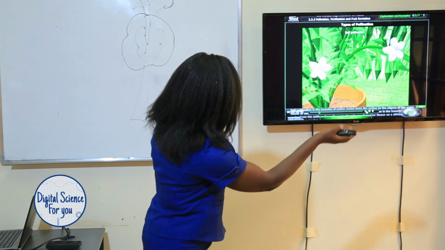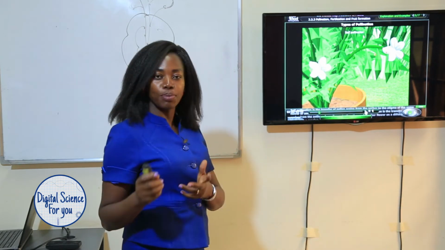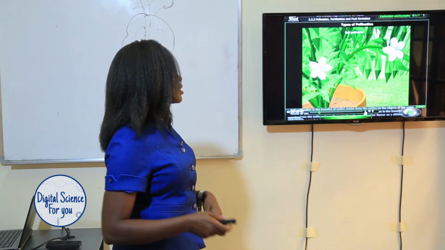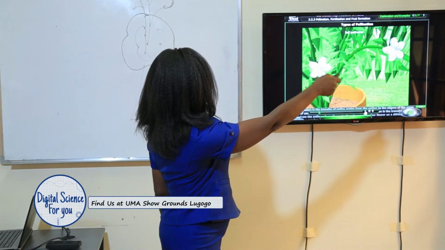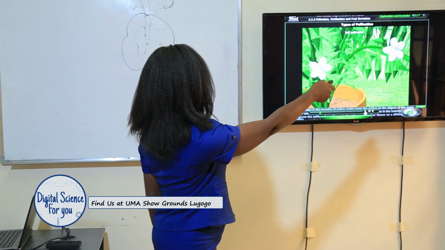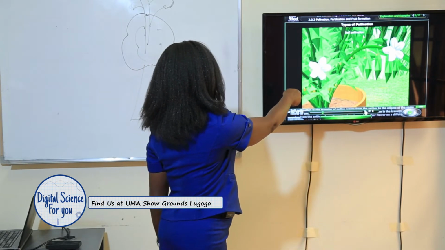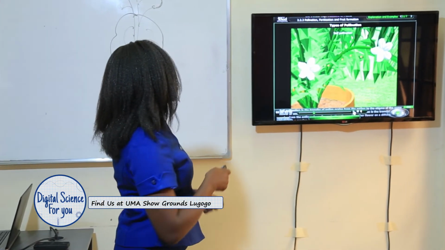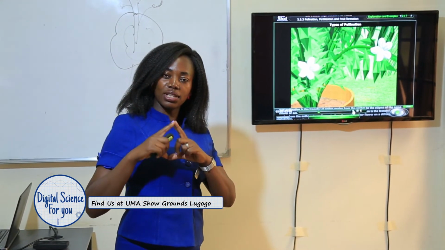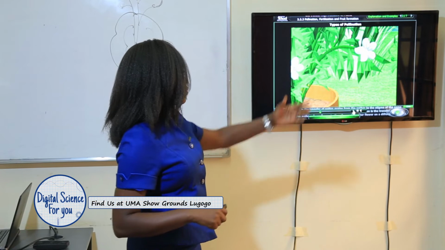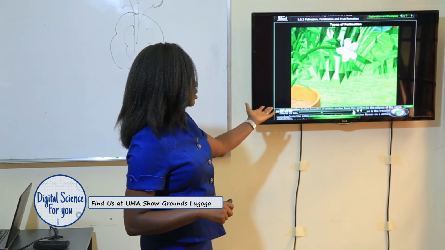Our first picture here shows us self-pollination, and here we see the pollen grains moving from the anthers of one flower to the stigma of another flower. And this can be on the same flower or a different flower, just like we have seen.